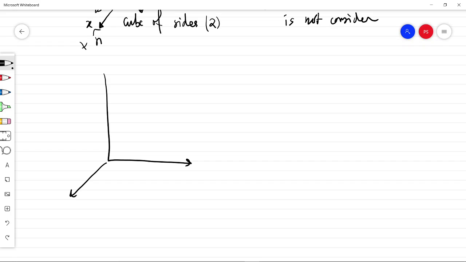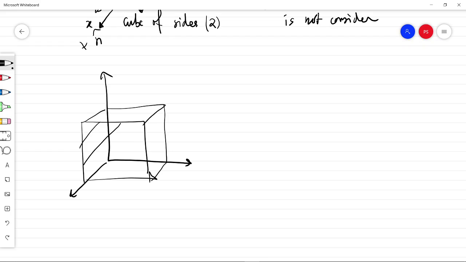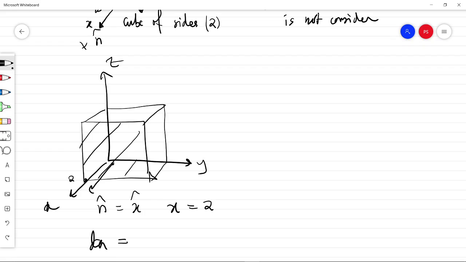Now for this particular surface facing the front, the n cap vector is just x cap, and the surface element in this case, since this surface has a fixed x coordinate having value 2, and an infinitesimally small surface element from this face is going to be dy wide, having a width dy and a breadth dz.